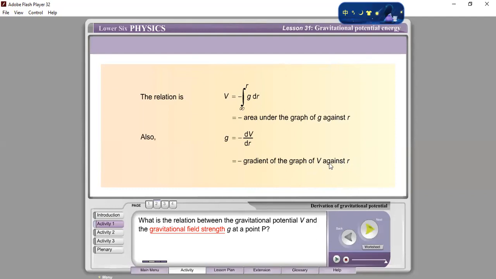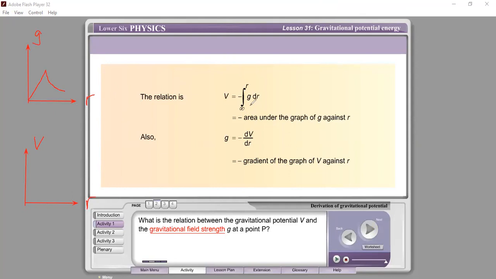Okay, so let's say we have the graph of g against R and also of V, the gravitational potential, against R. Remember g against R will look like that, right?